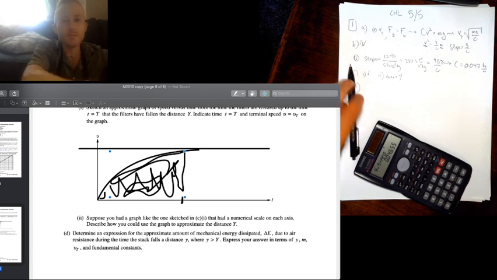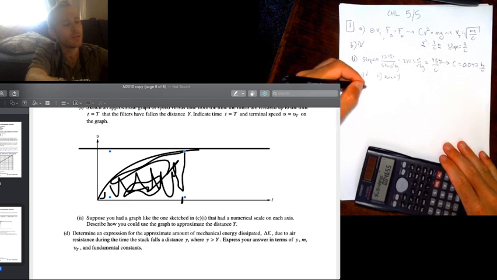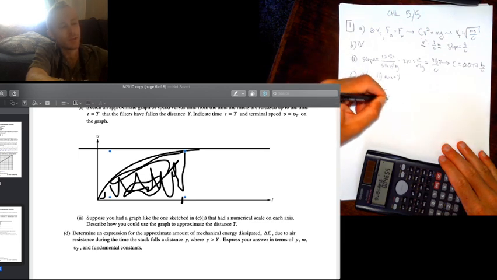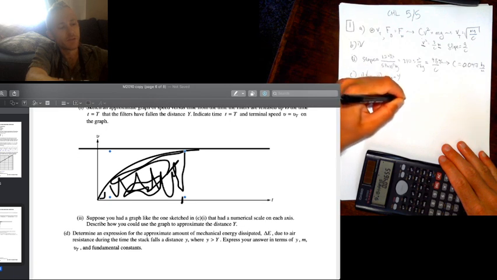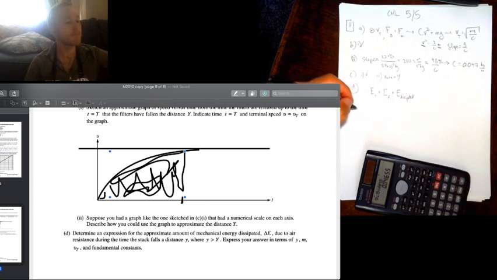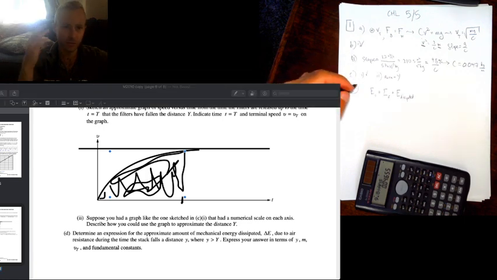Okay, so if we think about it, the initial energy equals the final energy plus the energy that was dissipated. So the final energy is going to be less than the initial energy. The reason for that is because some of that mechanical energy was dissipated as heat.